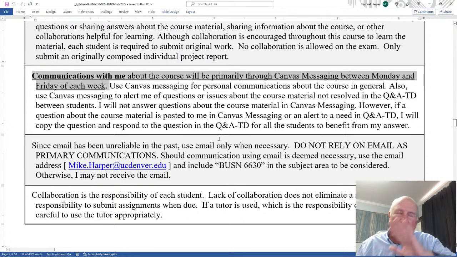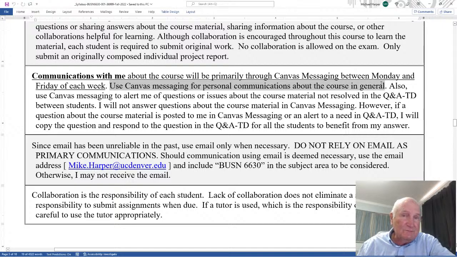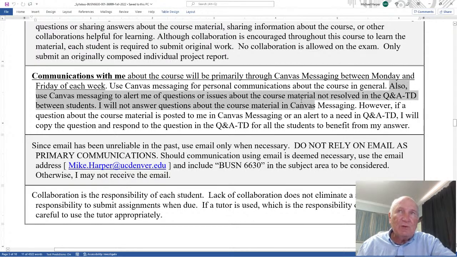I will not necessarily look at these things over the weekend. It's Monday through Friday. Use Canvas messaging for personal communications about the course in general. Also, use Canvas messaging to alert me of questions or issues about the course material not resolved in the question and answer threaded discussion between students.